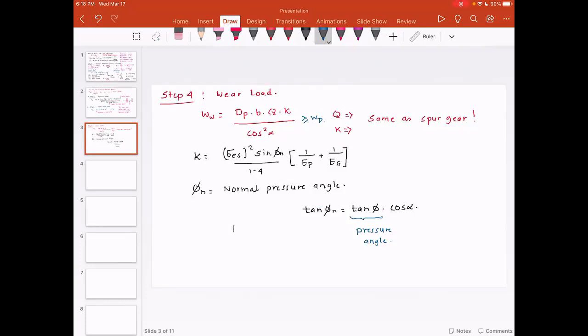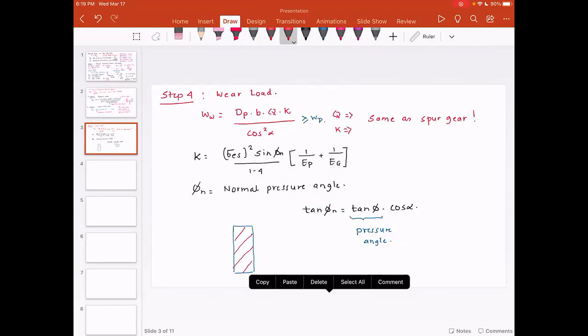If you look at the helical gear, this is how the gear is going to look, and you are going to have a load which is coming like this. So unlike the spur gear, the load is at an angle.